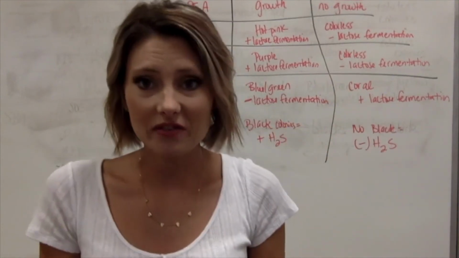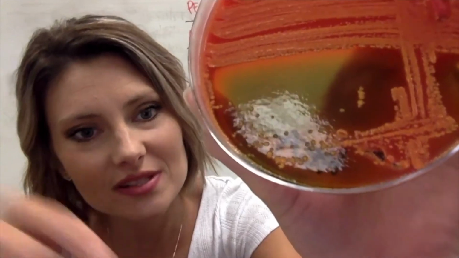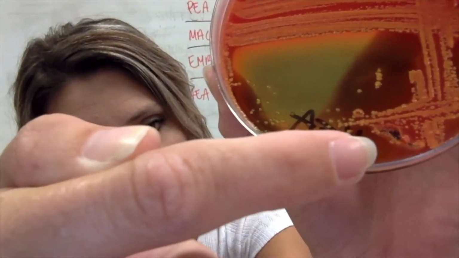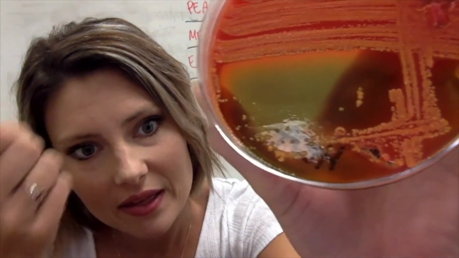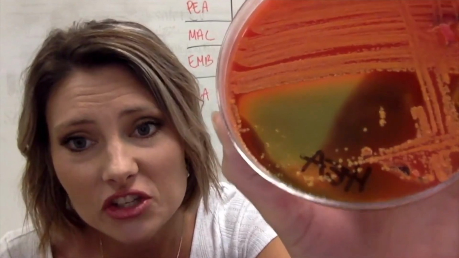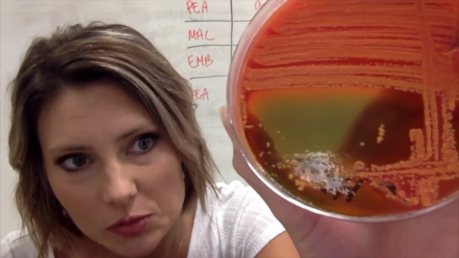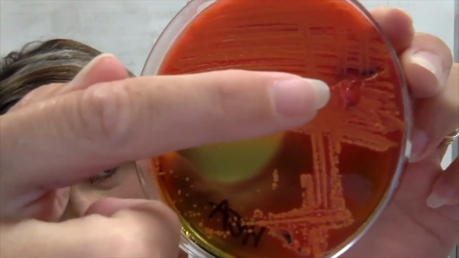So that's what we have today. On the Citrobacter freundii plate, you will see right there, in that deep area, that black color. That is H2S that has been produced, and then you get that iron sulfide that's producing the black color. Also, in this area here, you see a little bit of the black.